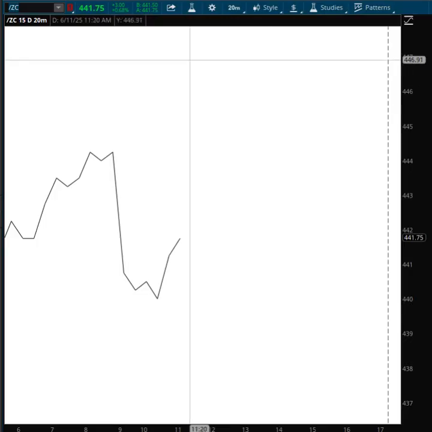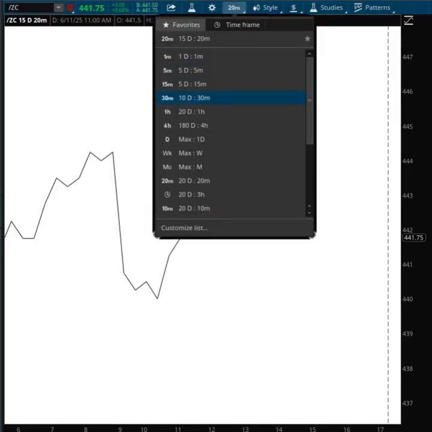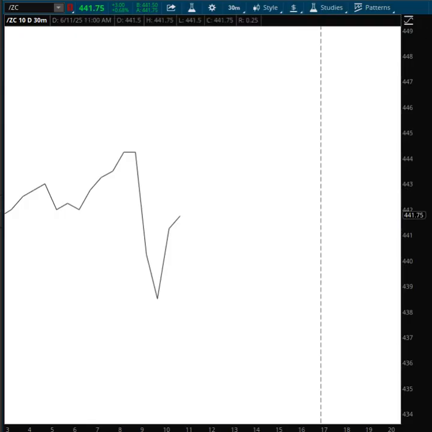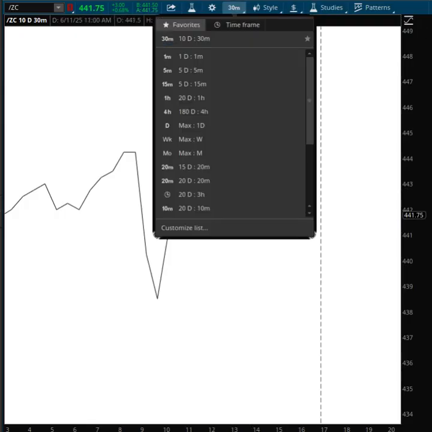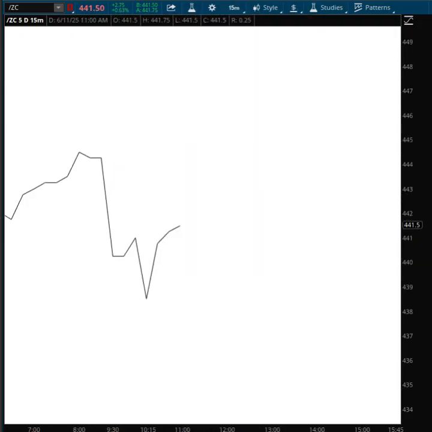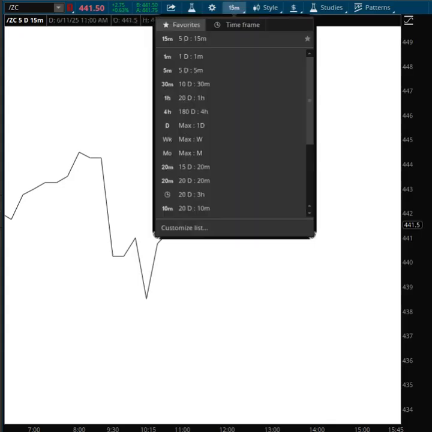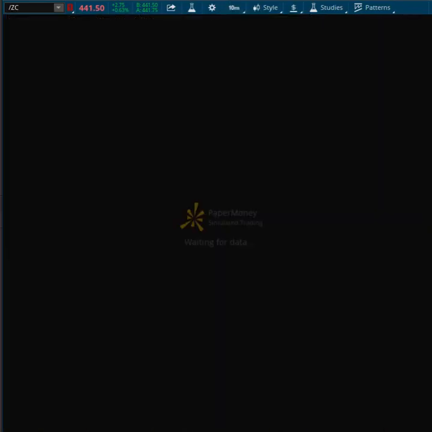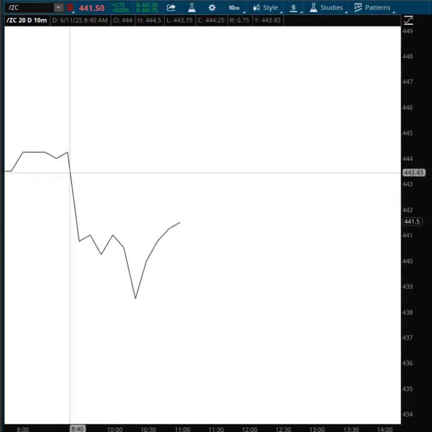All right? And here you can go through the time frames to find a fractal. Okay, that's why you need all the time frames. Okay, this is very typical of a bottom here.